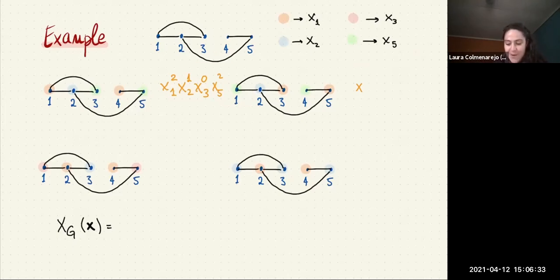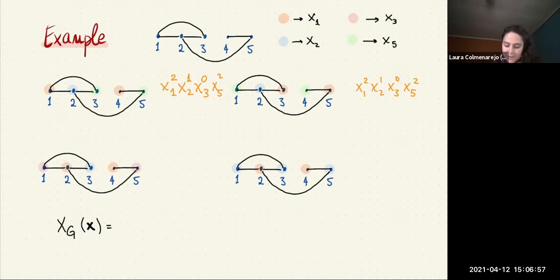So what I want to show you with this other one is that I could actually get the same monomial with 2 different colorings. So in this case, I'm also going to have x1 squared, x2 to the 1, no x3, and x5 squared. But as you see, these 2 colorings are actually different. But if I permute the colors, I'm actually getting the same.